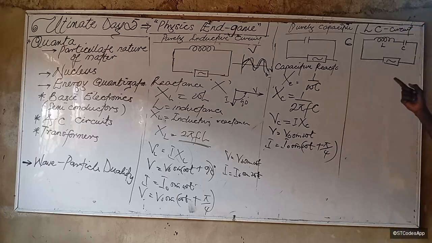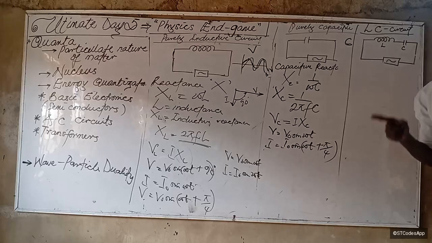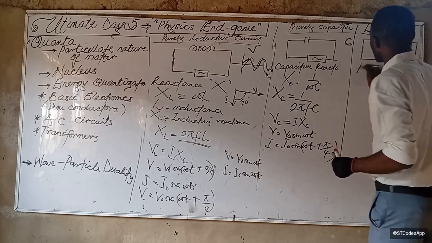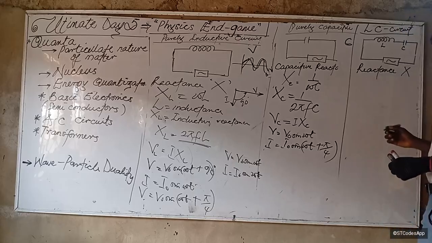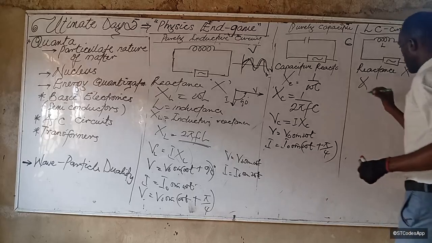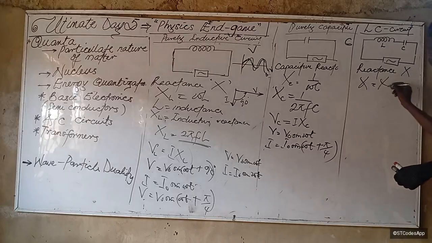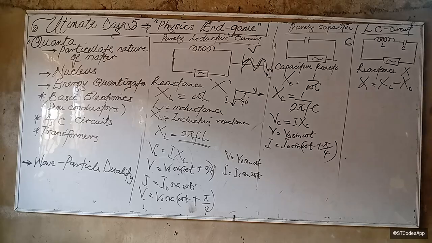Now in this case, are you listening to me? Opposition will be offered by both the capacitor and the inductor, and the opposition is called reactance now. Reactance X. So X here is given by X sub L minus X sub C. Is this clear?